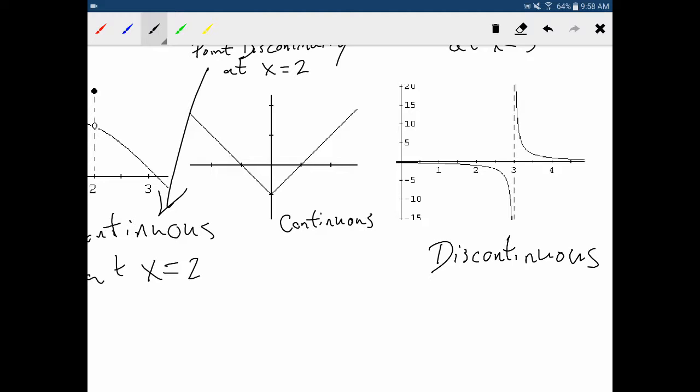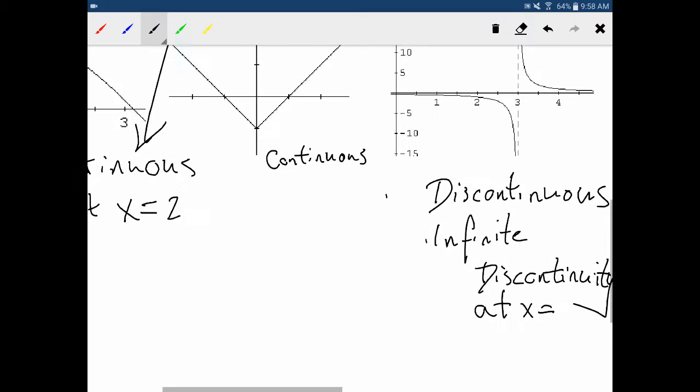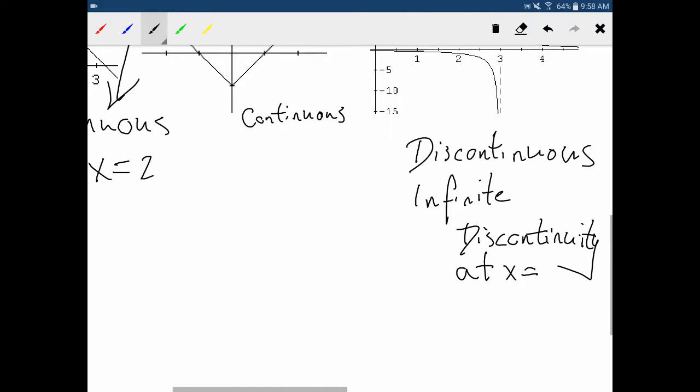And that is called an infinite discontinuity, and that would be at x equals 3.